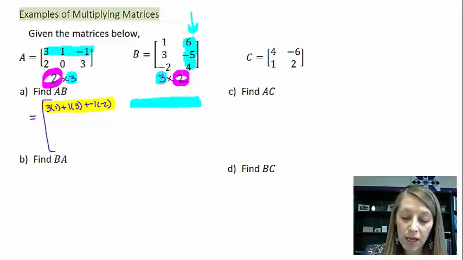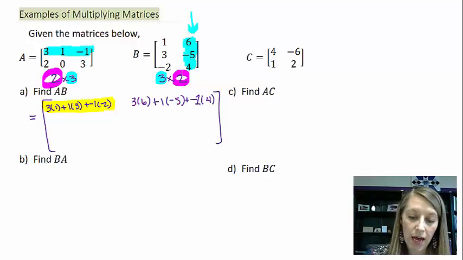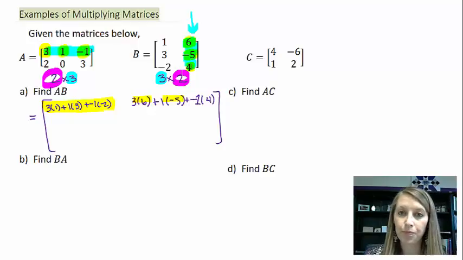So I have 3 times 6 plus 1 times negative 5 plus negative 1 times 4. So again, I took 3 times 6, went here, 1 times negative 5, went here, and negative 1 times 4.